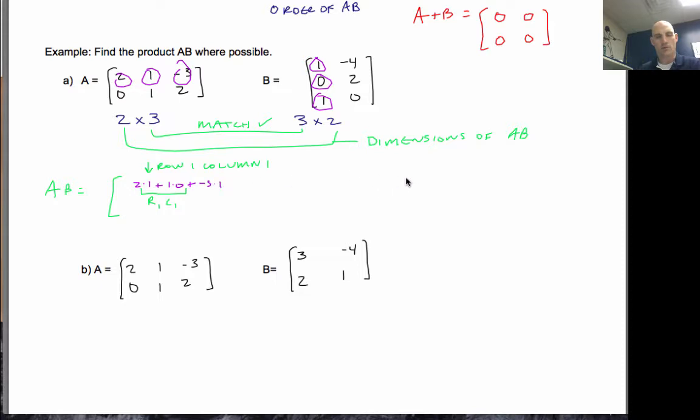That's equal to 2 plus 0 plus negative 3, so 2 minus 3, which is equal to minus 1. I'm doing a simplified version here and then my final answer here.